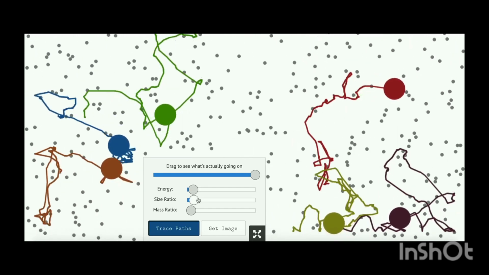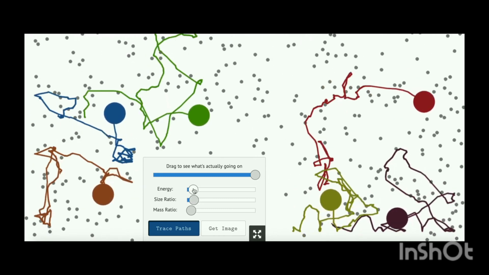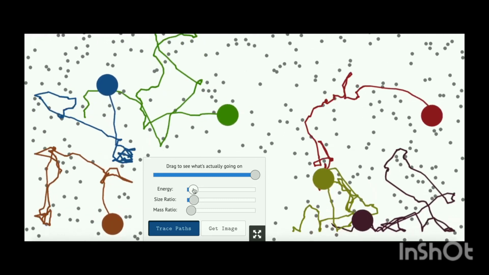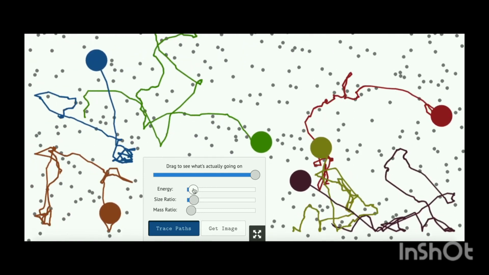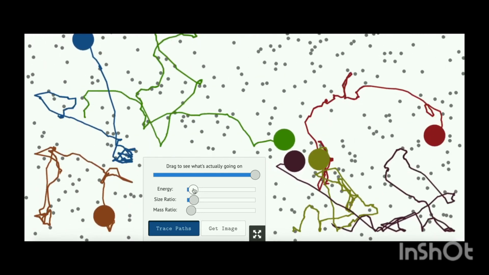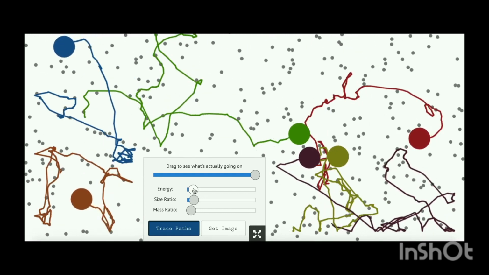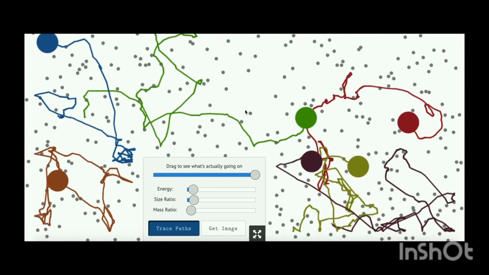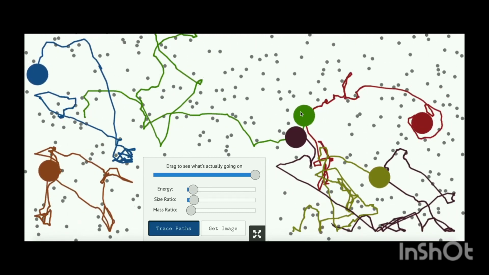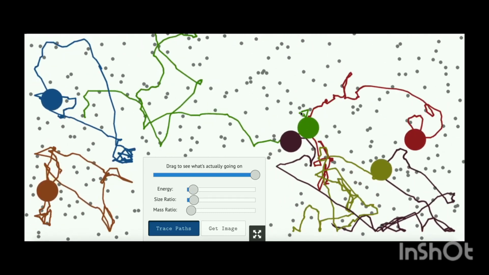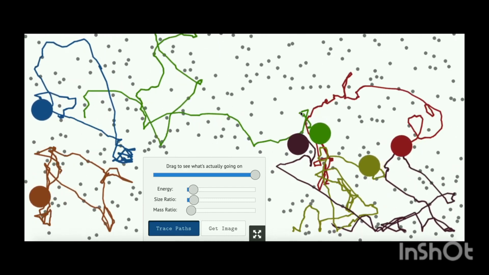Now what I'm going to do is I'm going to raise the energy of this system. And what this is really going to do is it's going to model what would happen if I increase the temperature. So if I increase the temperature of this entire system, every single particle, whether it's these small gray ones or the large colored ones, they're going to have their kinetic energy increased. We call that kinetic energy is the energy of motion.